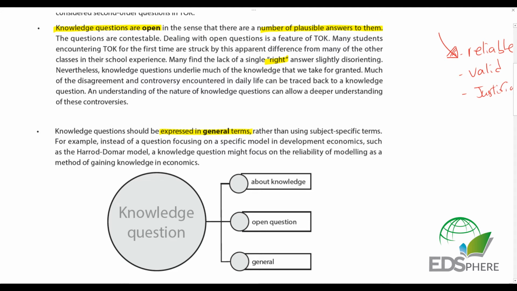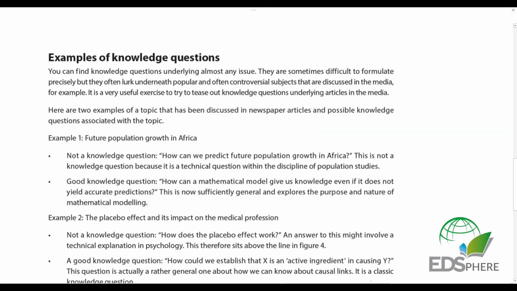Well, you need to be able to understand a few things. Africa is too narrow. I need to make a question that can look at more than just Africa, to be applied to more than just Africa. Population growth. Again, other than population growth, what kind of knowledge can I gain?